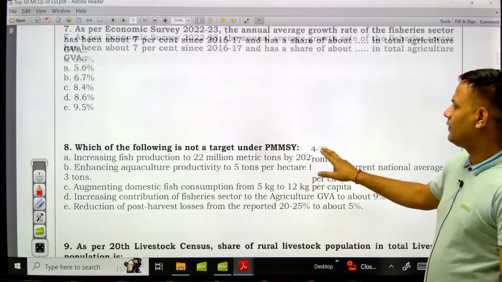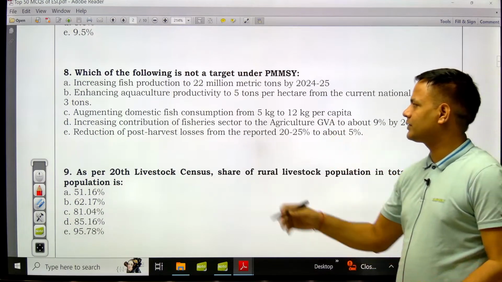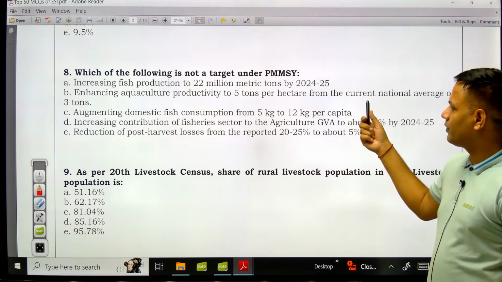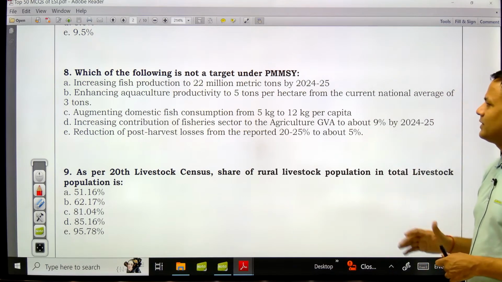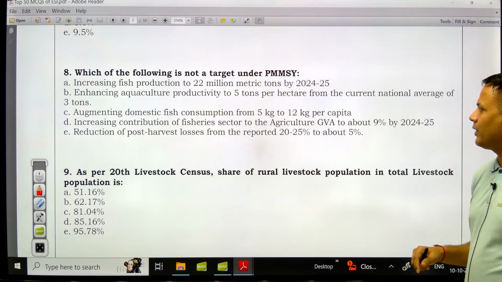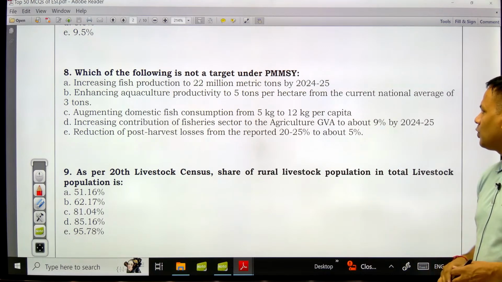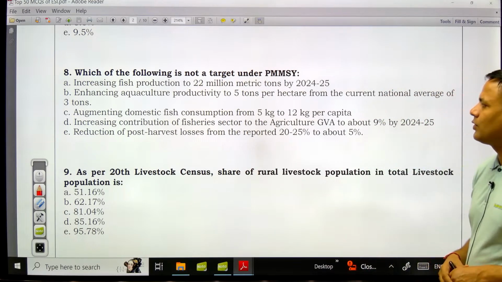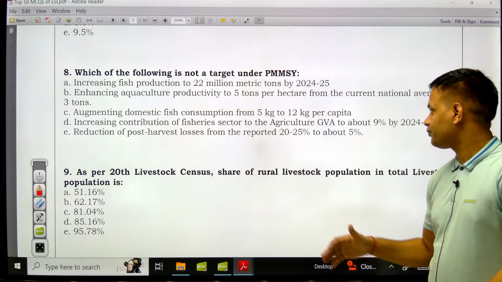Next question, which of the following is not a target under Pradhan Mantri Matsya Sampada Yojana? Increasing fish production to 20 million metric ton by 24-25, enhancing aquaculture productivity to 5 ton per hectare from the current national average of 3 ton, augmenting domestic fish consumption from 5 kg to 12 kg per capita, increasing the contribution of the fishery sector to the agriculture GVA to about 9% by 24-25, reduction of post-harvest losses from the reported 20-25% to about 5%.